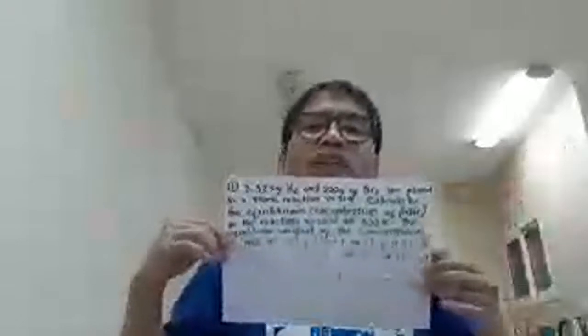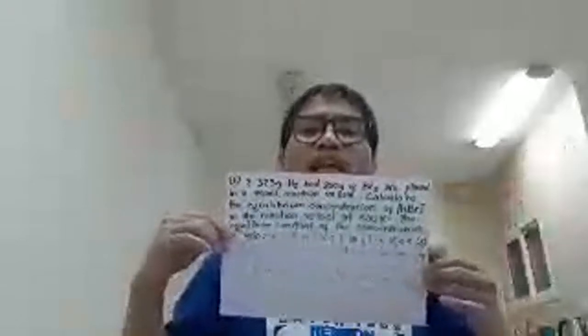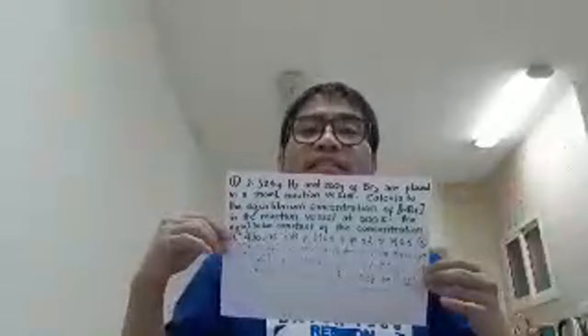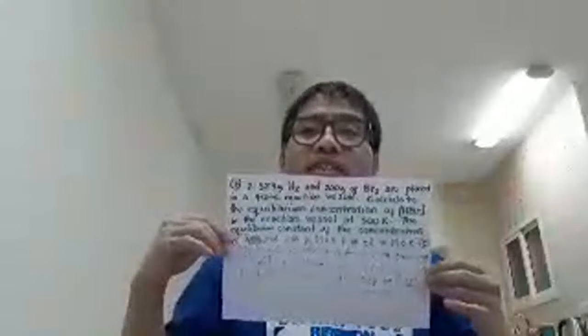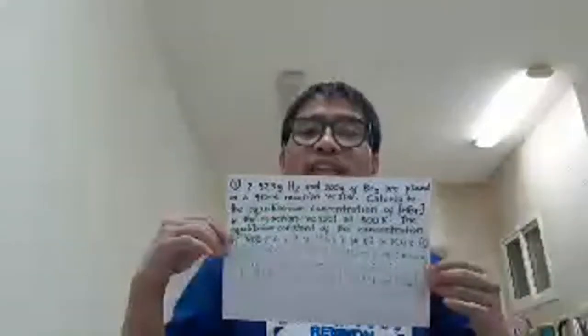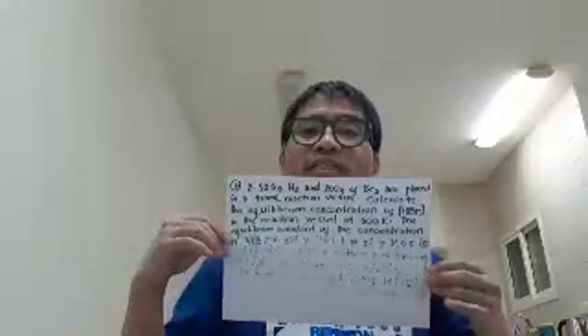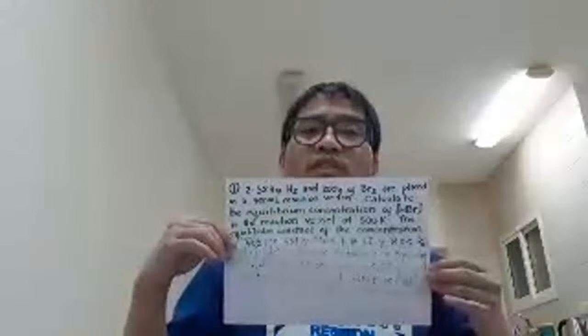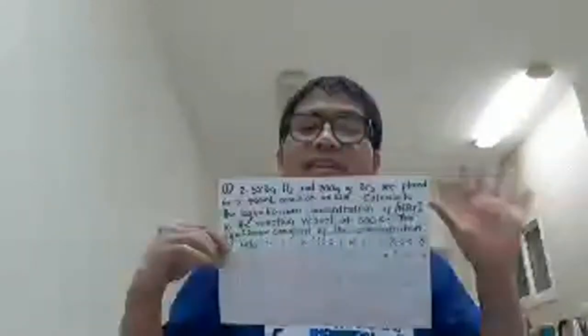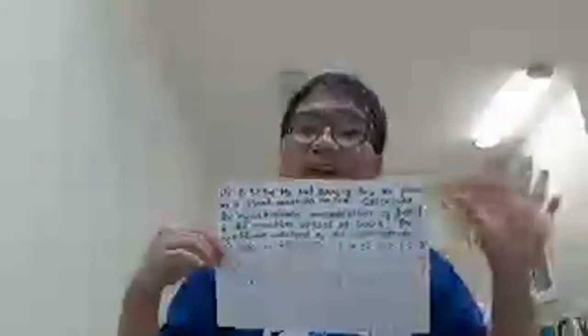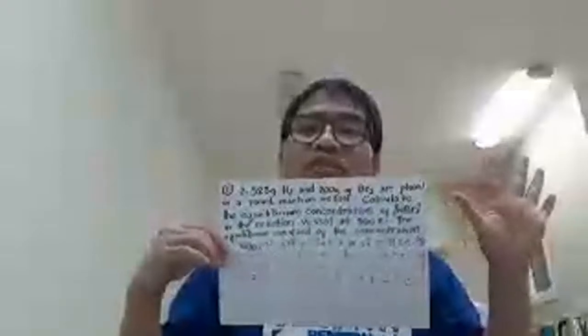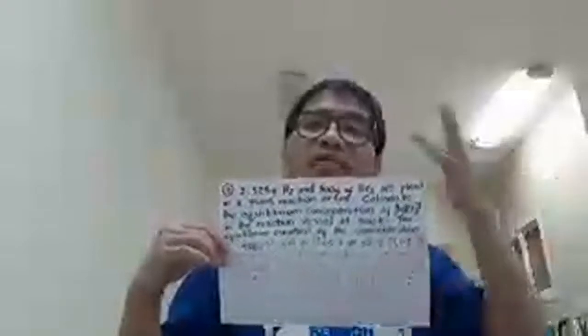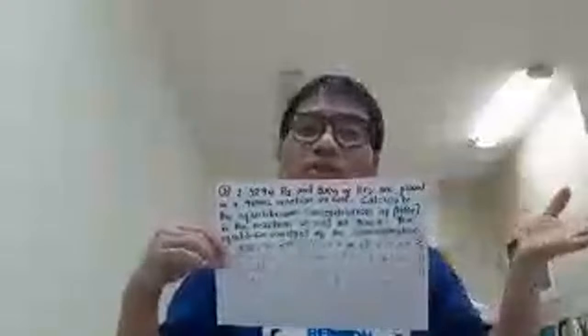Especially in equilibrium concentration, it's stated there that temperature is a factor, right? Remember, as I discussed yesterday, the four factors affecting the degree of dissociation in this topic. So it's stated there at number 4, temperature.